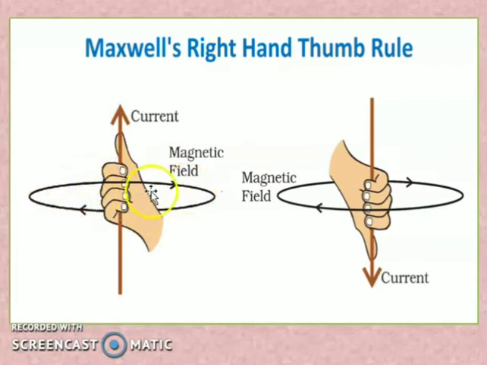If the thumb points in the upward direction, the current is upward. If the thumb points in the downward direction, the current is downward, and the magnetic field lines encircle it in this way. Here it will be in this direction, and here the direction will be changed.